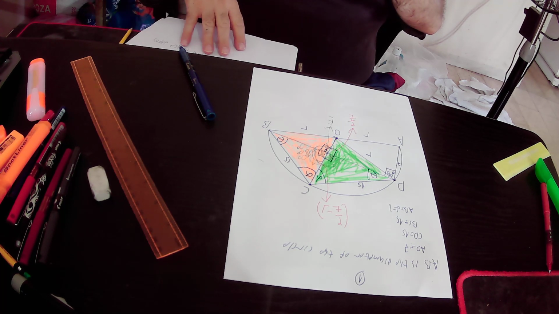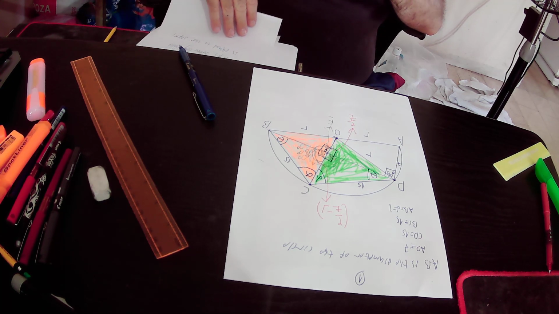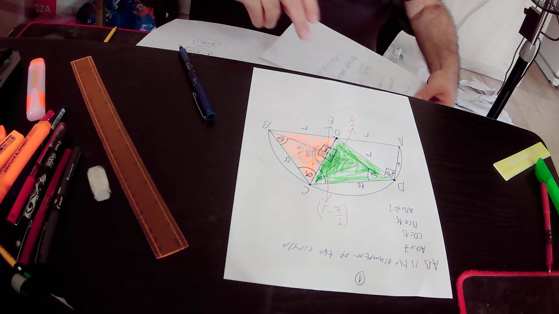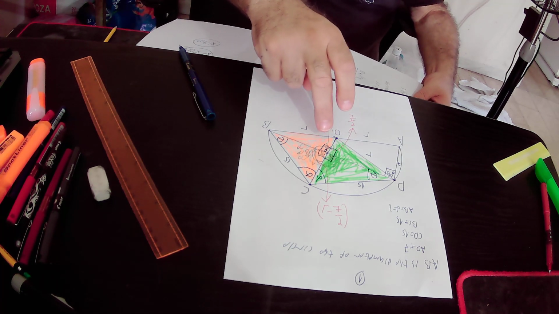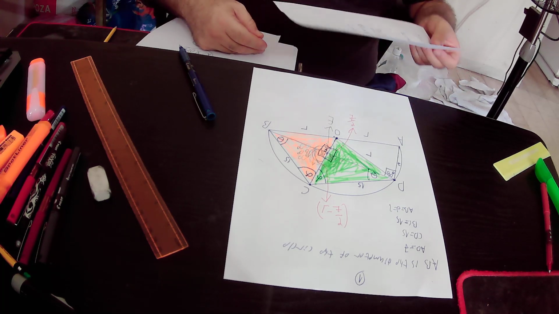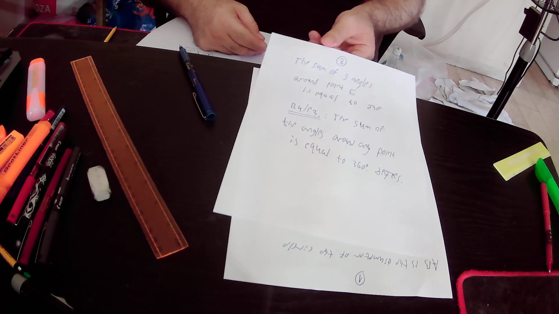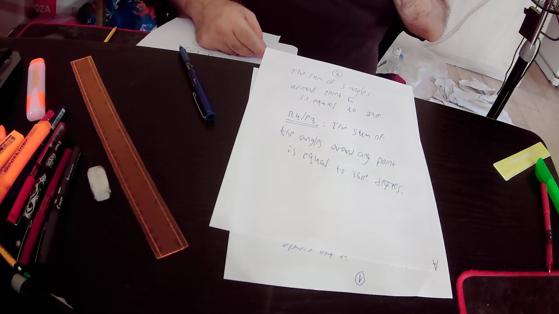So we know that the sum of three angles around point E equals 270 degrees, because 90 degrees times 3 is 270 degrees. And we have rule number 3, which states that the sum of the angles around any point is equal to 360 degrees.